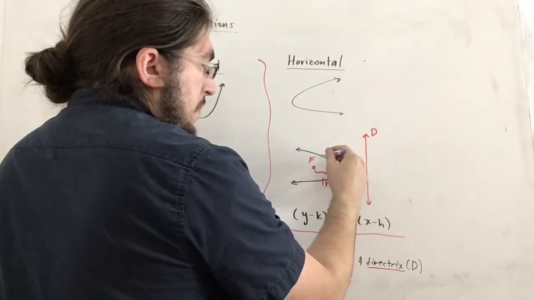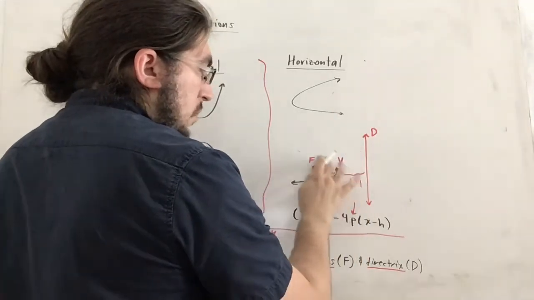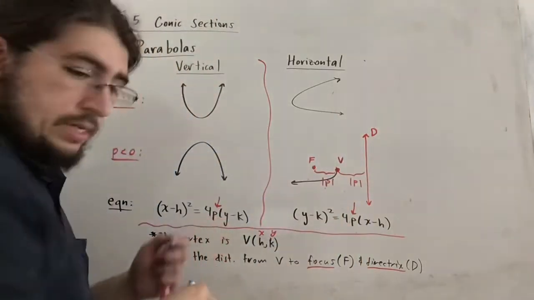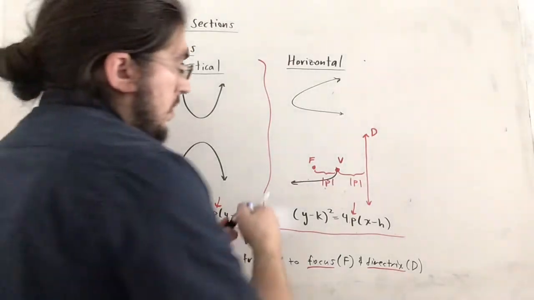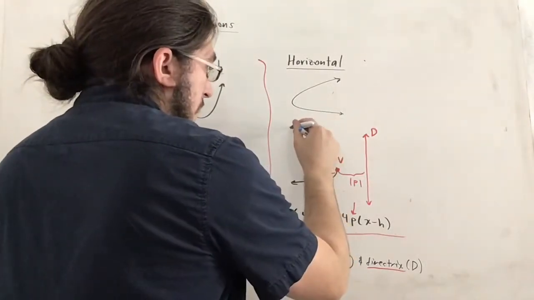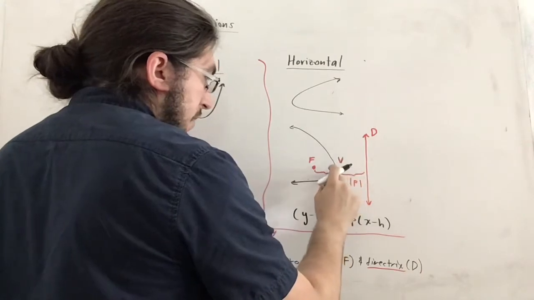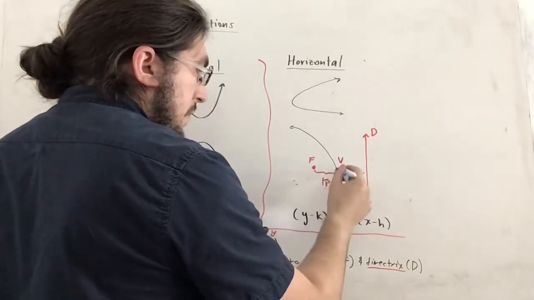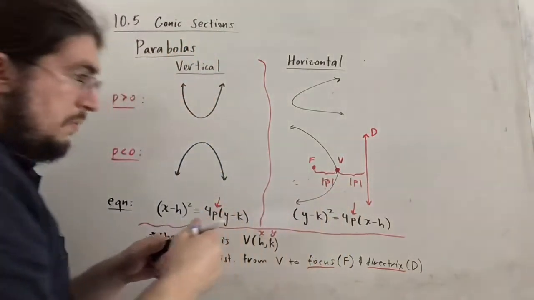So if you pick any point on the parabola, yeah, this will have to be way wider for us to actually see it. So I'm going to try my best to make it as accurate as possible so you can understand what I'm talking about. So let's imagine that's the parabola.